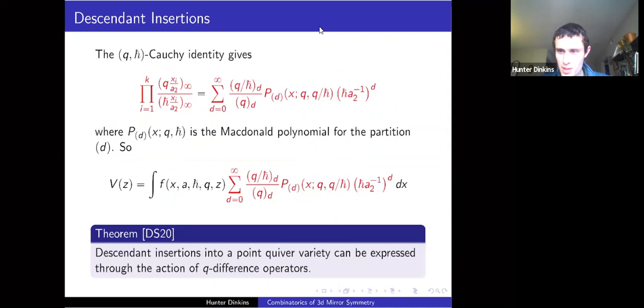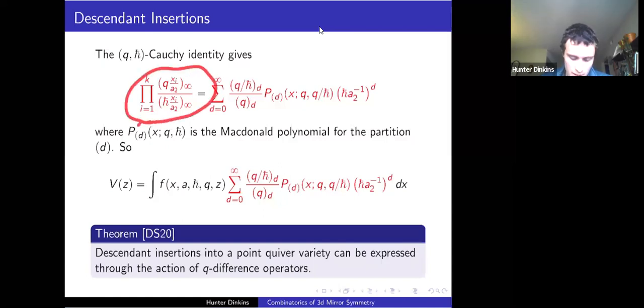Okay, so the advantage of thinking about it this way is that we can end up interpreting the vertex function of the dual of T star Grassmannian as a descendant insertion into the vertex function for this simple point variety. So how exactly does it work?